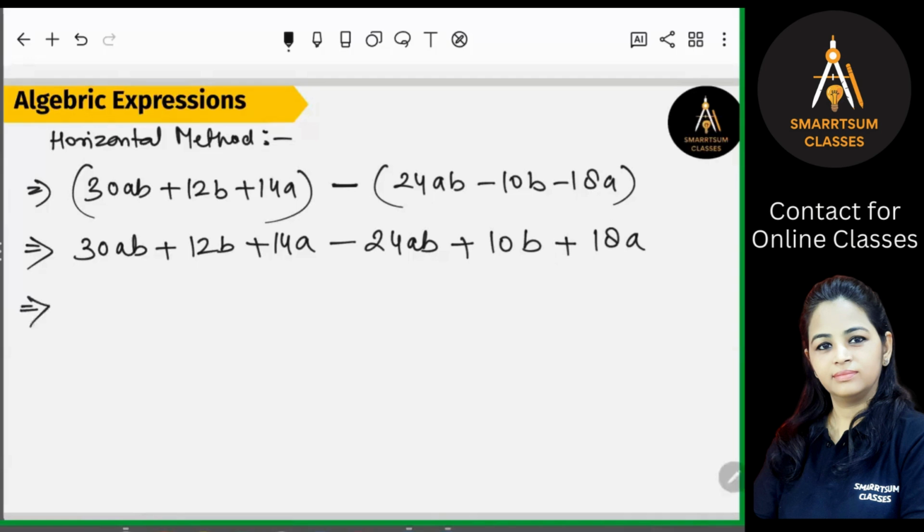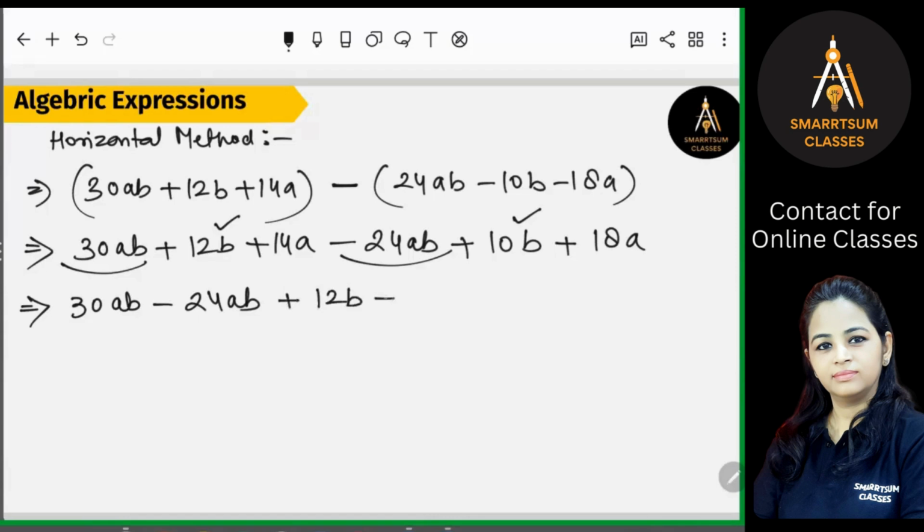Now, the next step is to collect the like terms. What are the like terms here? 30ab and minus 24ab are the like terms. So we will write them together. 30ab minus 24ab. Done. Now next, we will find the b terms. 12b, and there is one more, 10b, right? So we have two b terms, so we will write them together.